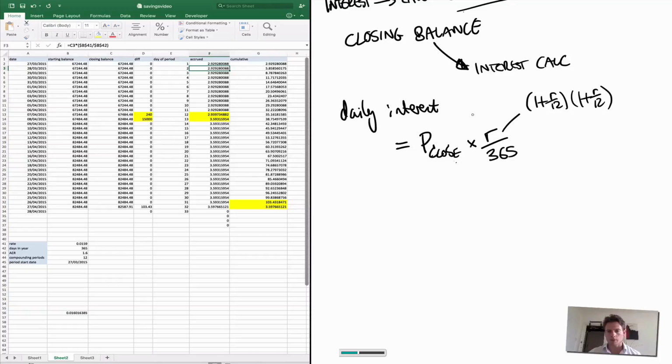We have a balance P that's changing every day, so we have to calculate the interest from scratch every day. Instead of dividing R by 12 and applying the interest every month, we divide R by 365, apply that to the granular closing balance of that particular day, and keep that amount in a side pot until we actually pay it.